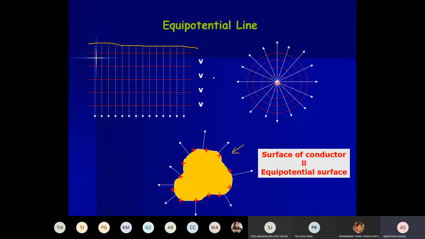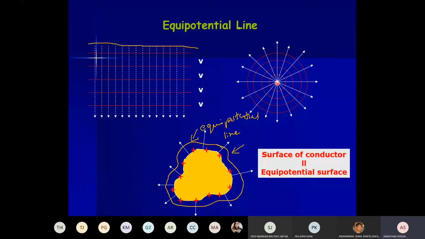The equipotential line will take the shape of the body. If you want to draw one, you take the shape of the body outside. That's the equipotential line, the same as the shape of the body.